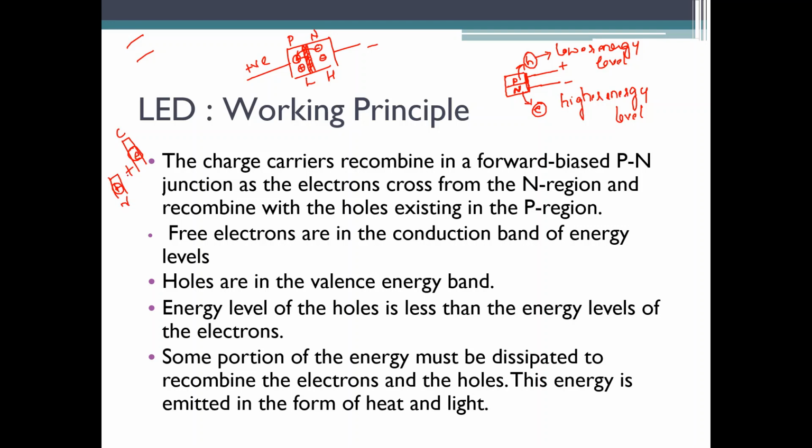Either the holes present in the valence band should raise their energy level and combine with the electrons, or the electrons in the conduction band should lower their energy level and combine with the holes. There are only two possible ways. But can my holes raise their energy level? If the holes have to raise their energy level, extra energy has to be supplied, but you are not supplying extra energy here. So my holes cannot raise energy.